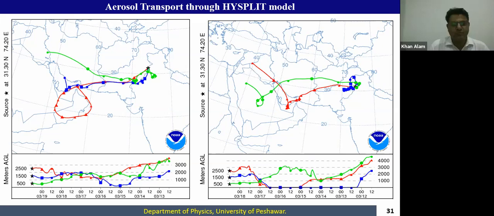These are some results of the HYSPLIT model on the same dusty days, and it is clearly seen that the air masses are reaching towards Lahore from the Middle East, from Saudi Arabia and from the Red Sea, and these air masses carry dust particles, and these dust particles can easily reach Lahore.